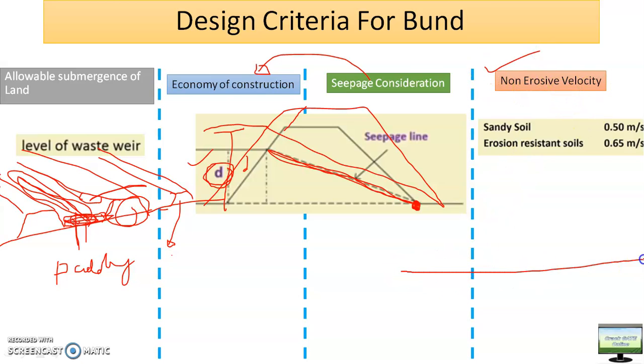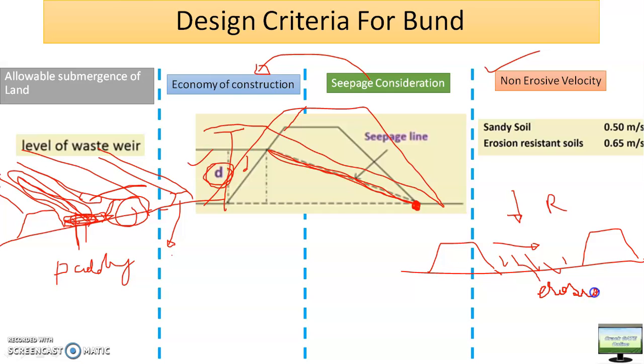As I told you, suppose this is your bund, it is just a representative diagram, and here you are retaining the water. Suppose rainfall is happening and the distance between two bunds is so large that your runoff is getting sufficient time to travel over this land, and it is also able to cause erosion.